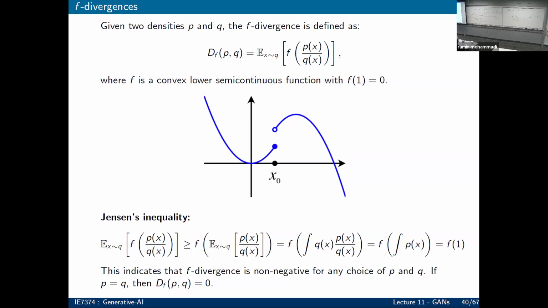This function f should be a divergence function with a series of properties. It should be a lower semi-continuous convex function, and f(1) should be 0. It should be a function that, similar to log, produces zero at 1, and it should be convex and lower semi-continuous.